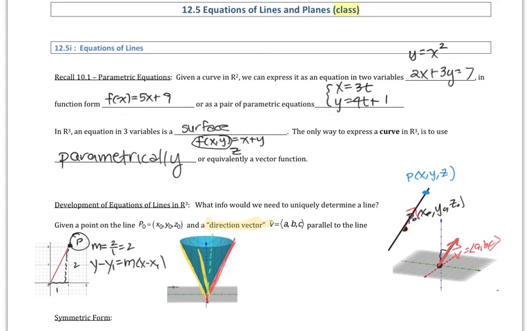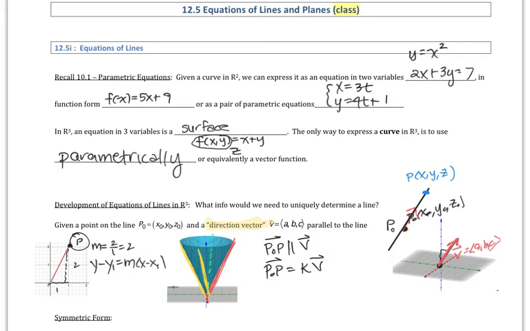Notice for every point P on this line, if I formed the vector from P0 to P, it has to be parallel to that red vector V. And we learned that for vectors to be parallel, one has to be a constant multiple of the other.